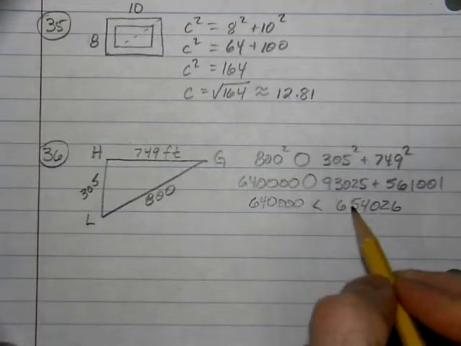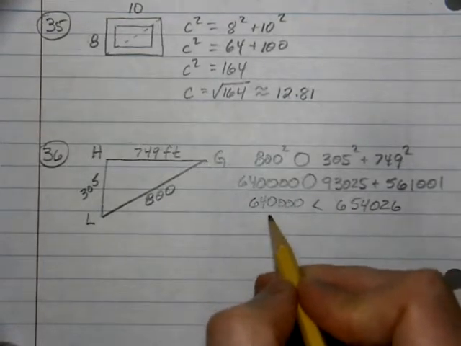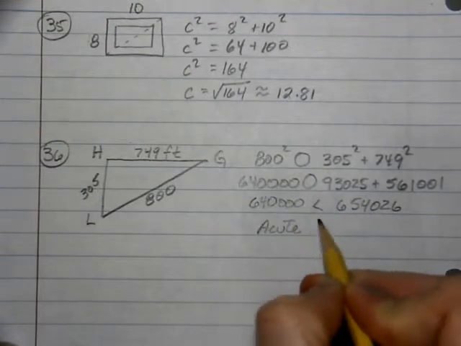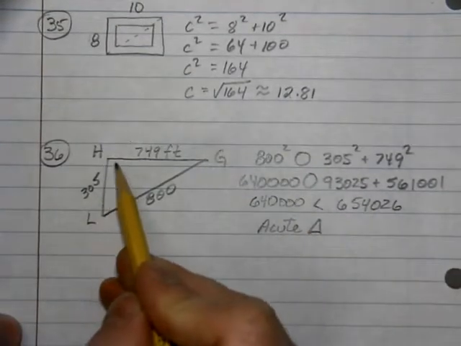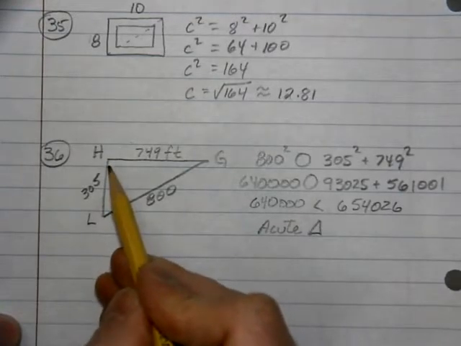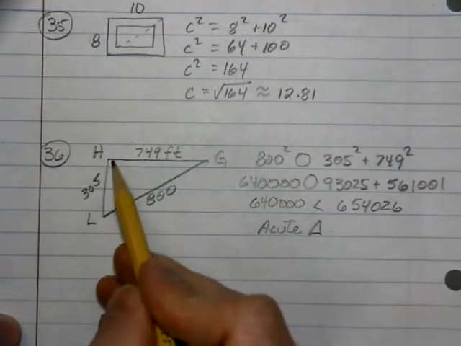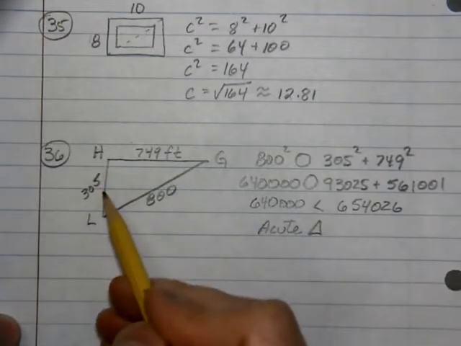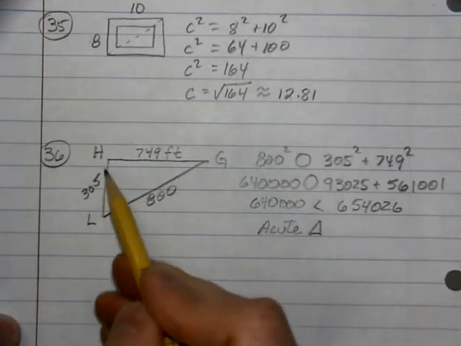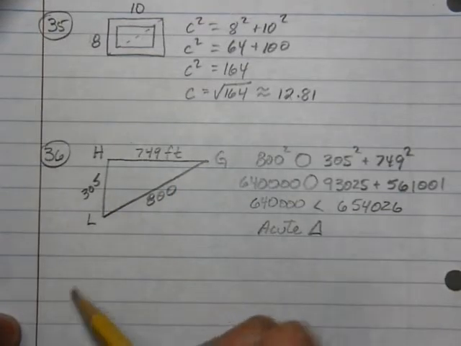C squared was less than. So this is really an acute triangle. This has got to be an acute angle. It would not be 90. It would not be greater than 90. So the way I've drawn it a little wider, but it would be short of 90 degrees.